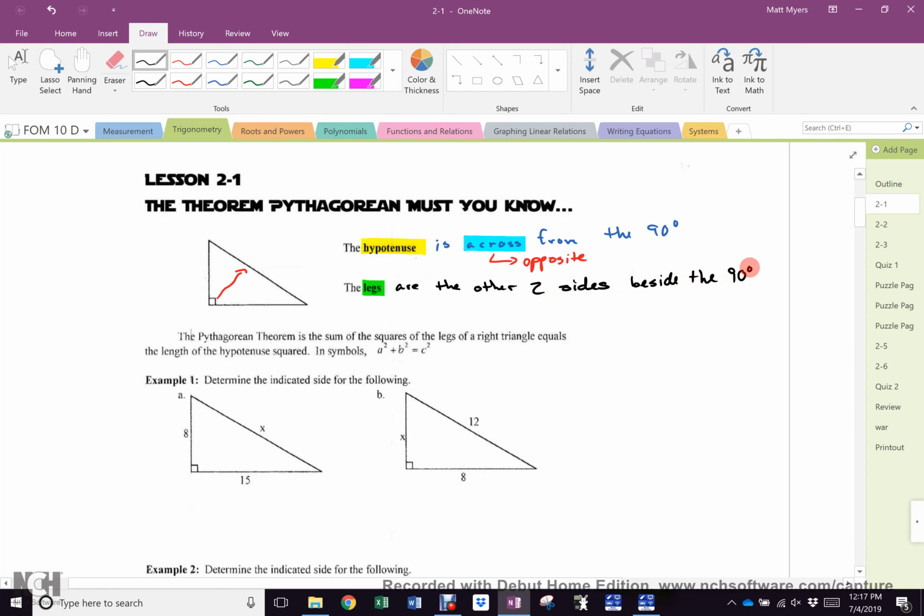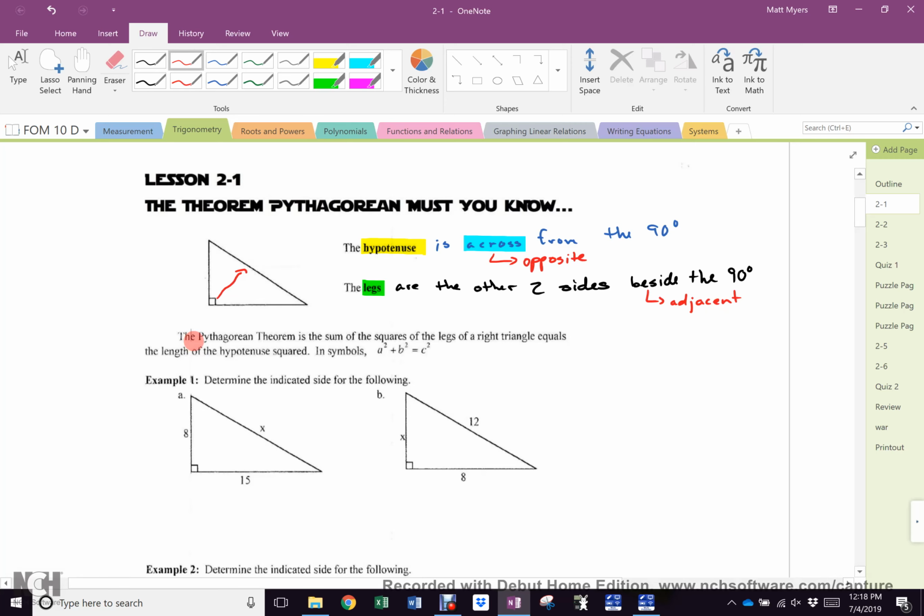They are not special yet. In this unit, the word adjacent means beside. Now, all of you who've already done trig already know where I'm going with the words opposite and adjacent, but we are going to use them now as if nobody knows what they are.